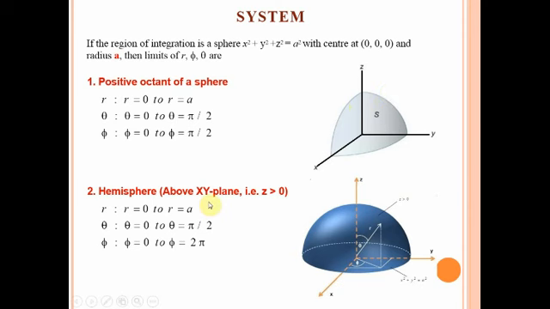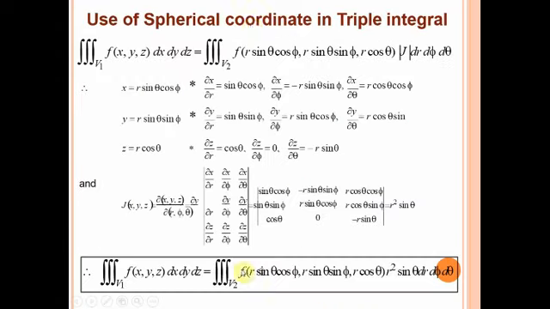If we create the hemisphere, then the limits will be r is equal to 0 to a, theta is equal to 0 to pi by 2, and phi is equal to 0 to 2 pi, because then it will take a complete rotation. So you can understand how things will go when we are trying to visualize the space, like for the positive octant and for the hemisphere.